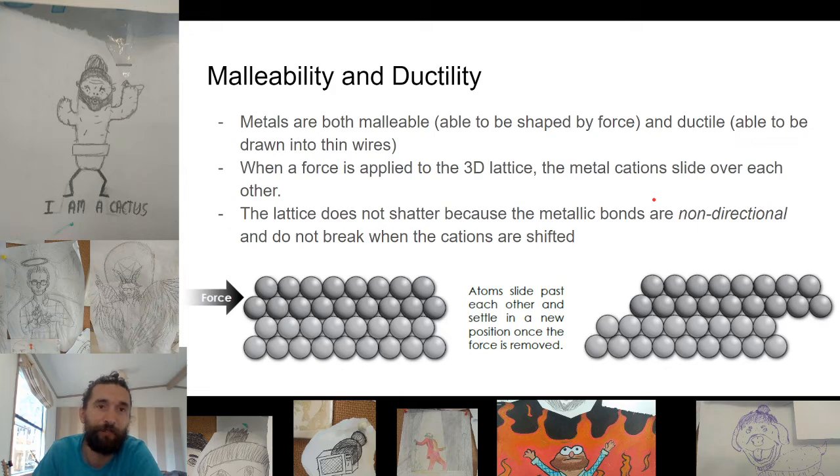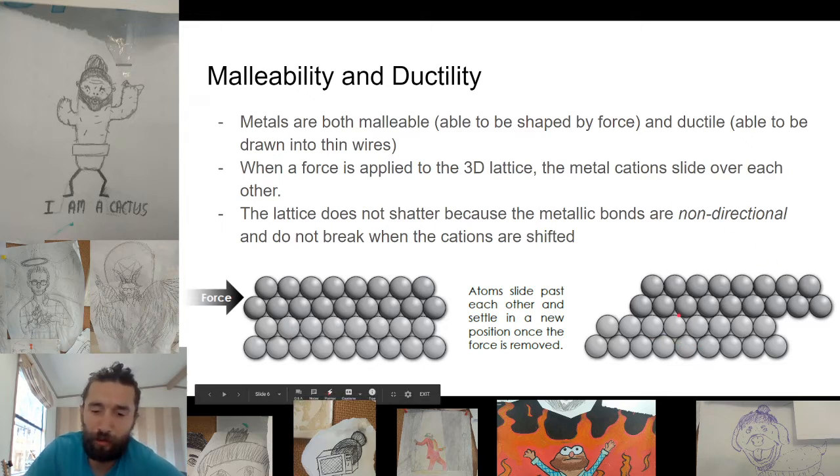This is different to ionic substances, which we looked at right at the beginning of the lockdown, which when they slide over each other, the bonds are directional, and that's going to force ions of the same charge to line up against each other and repel. In a metal like this one, the bonds are non-directional.